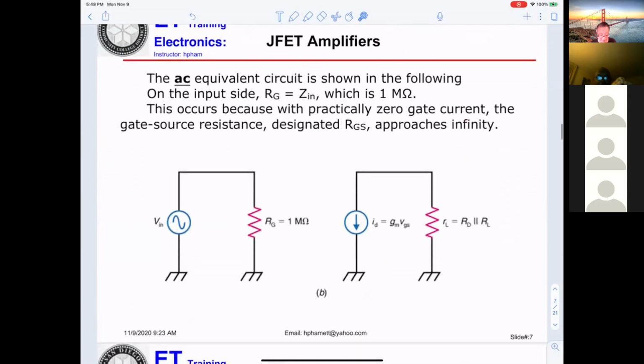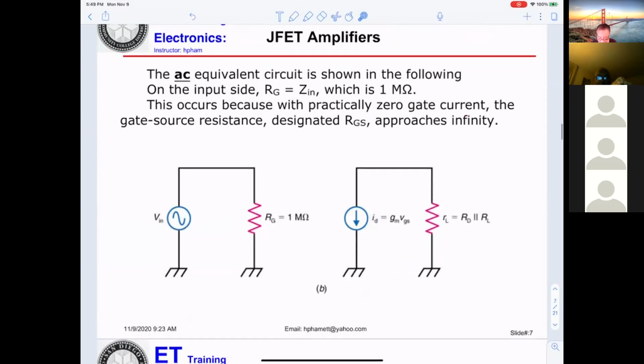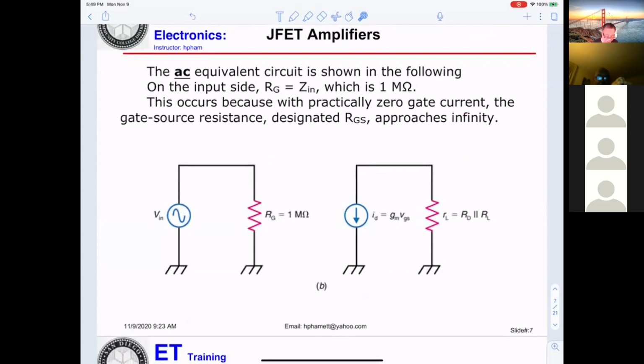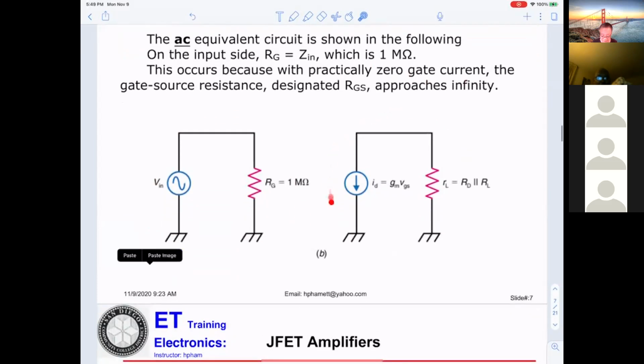Now, the AC equivalent circuit is so. This is the gate side: you get the input and you get the 1 mega ohm. On the output side, basically you get just one current flowing from the drain to the source, and the value will be Gm times VGS.